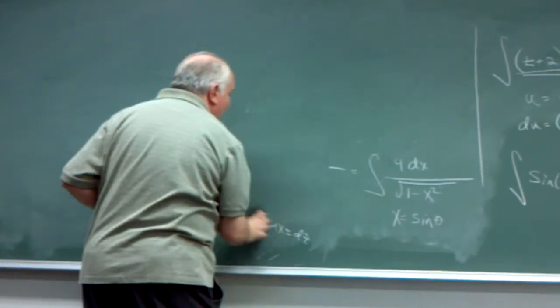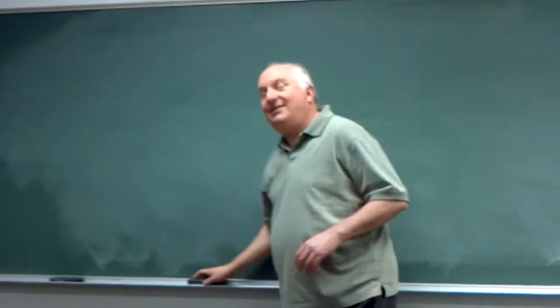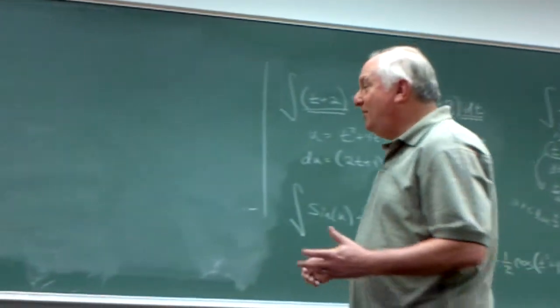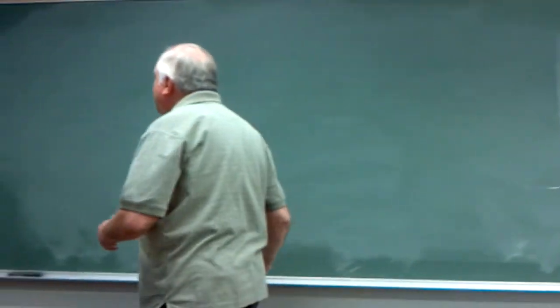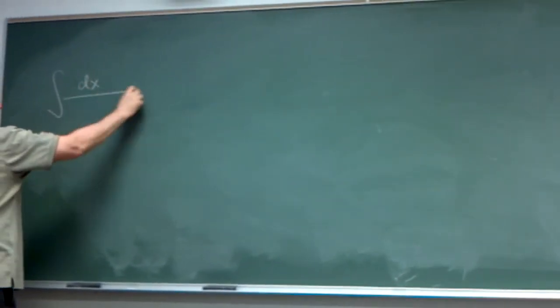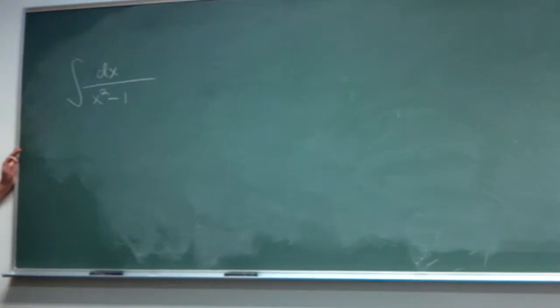So, for example, you might have something like this, and say, oh, x squared minus 1, I can do a trig substitution because I can turn that into secant squared minus 1.